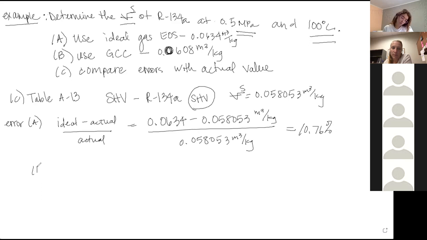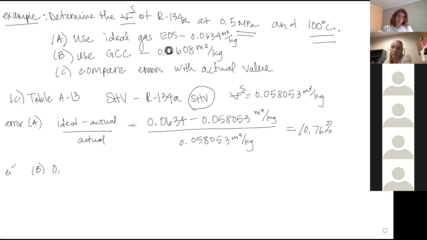And then the error for B is going to be our ideal minus our actual over our actual. No, the ideal is from our ideal gas equation of state. The 0.0608 is from our corrected real gas generalized compressibility chart.